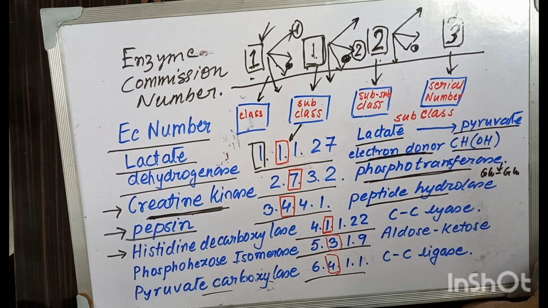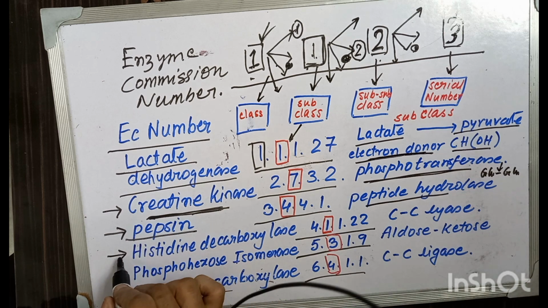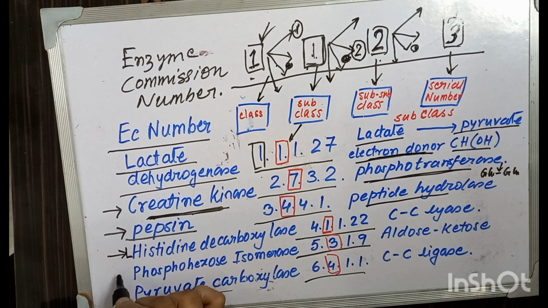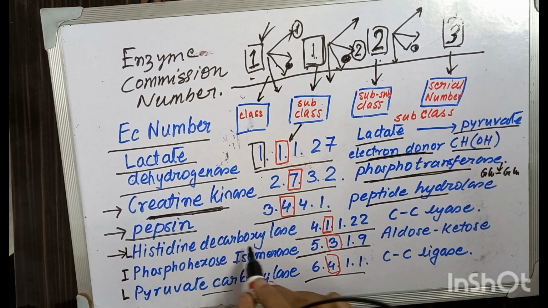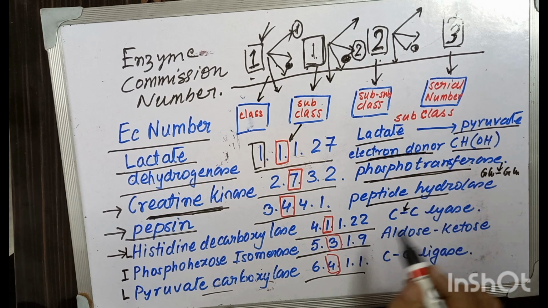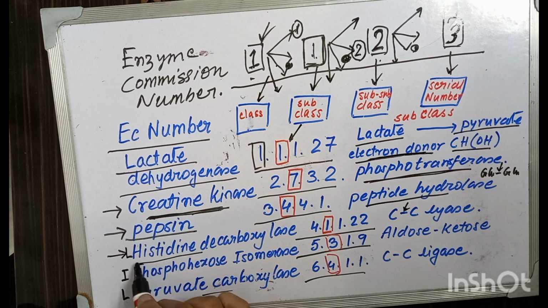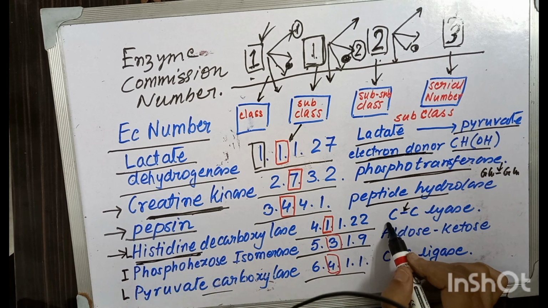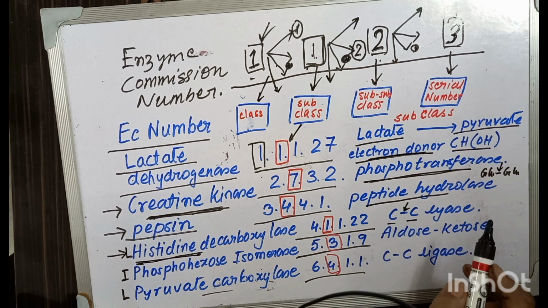The fourth example I have given you is decarboxylase. It's a kind of lyase. I told you that according to classification it is LIL: lyase, isomerase and ligase. A lyase will break the bond between two carbons.